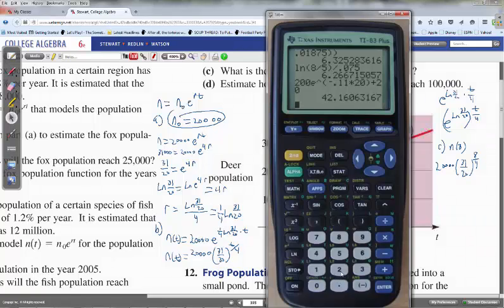So 20,000 times 31 over 20 to the 2 power is 48,050.